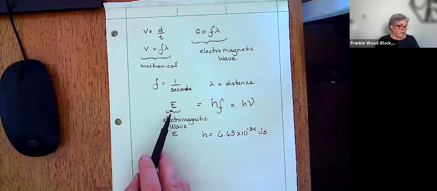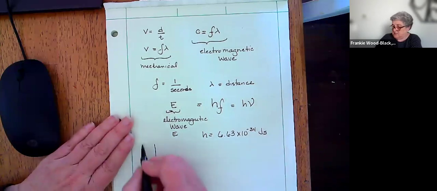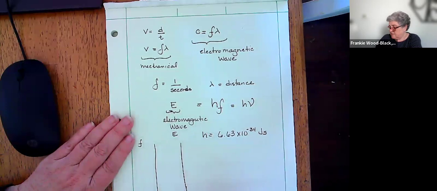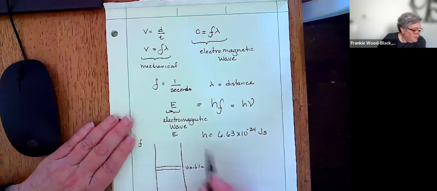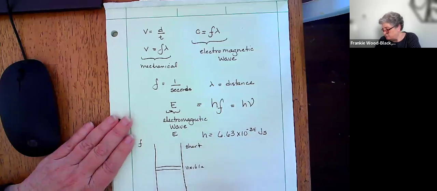And when we get our electromagnetic spectrum, you'll usually see this with frequency, and you see this in terms of wavelength. Visible is kind of in the middle here. And these are short wavelengths. And these are long.